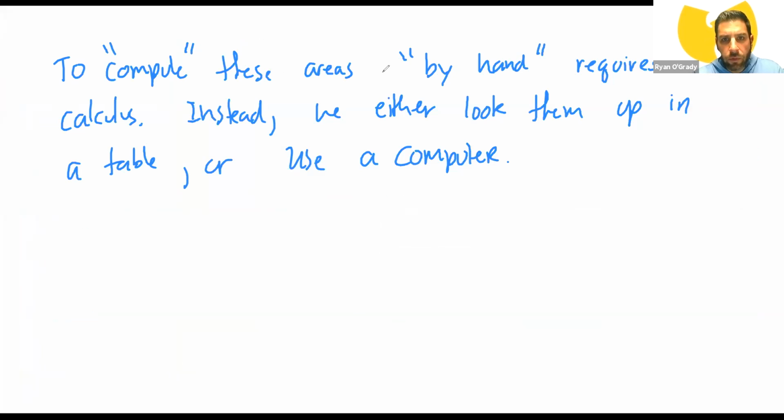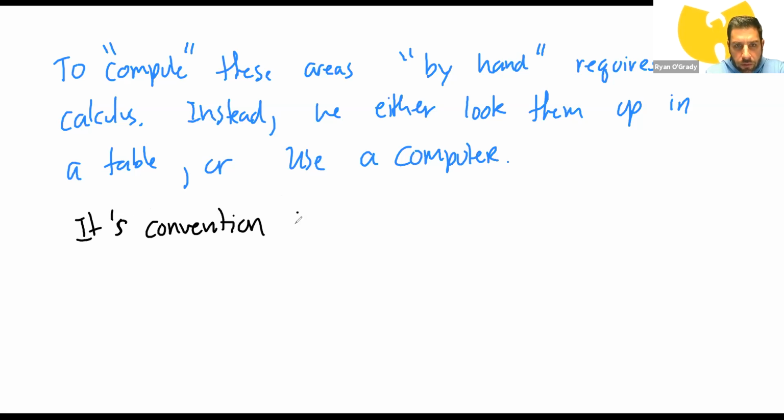No matter what you do, though, whether you want to look them up in a table, which we'll show you how to do, or use a calculator, it is convention, and the reason for this is it allows us to not have 40 tables in the back of a book.